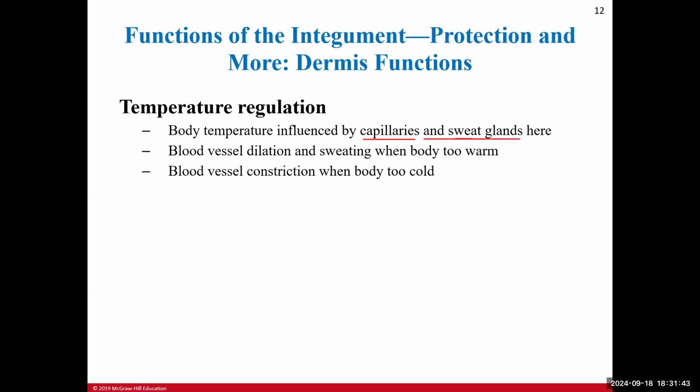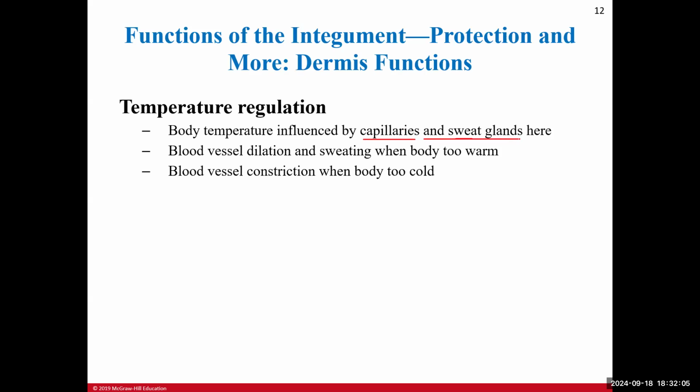What are capillaries? Blood vessels. They're the smallest kind of blood vessel. And so what we're going to see here with temperature regulation is, when we get too hot, we all know what happens: we start to sweat. And the blood flow to the surface of your skin increases.